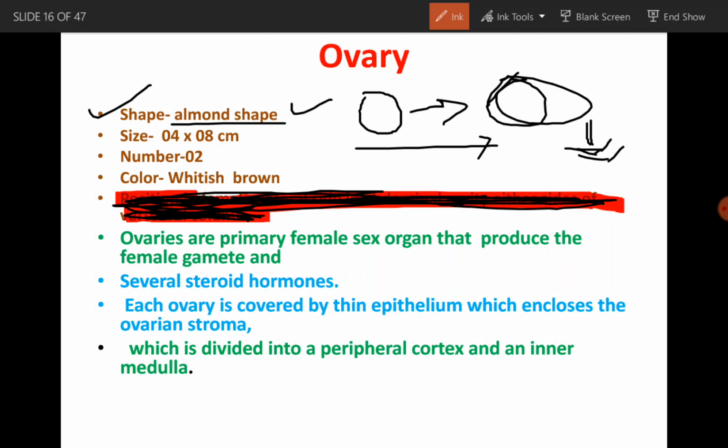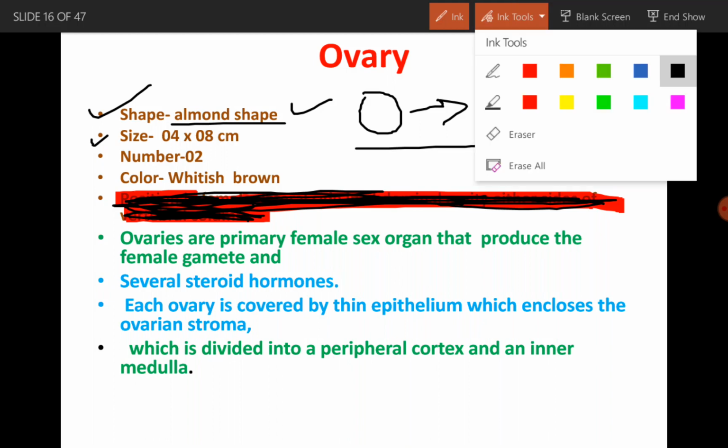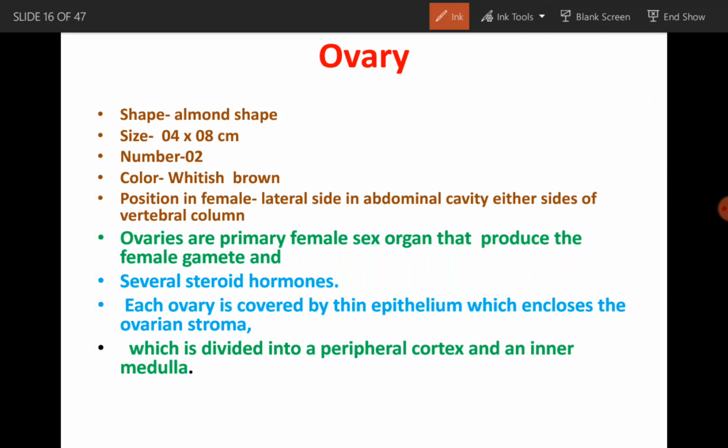Till maturity, till puberty, it becomes almond shaped, and before this it is present as an oval-like structure. The size of the ovary is approximately 4 by 8 centimeters. There are two ovaries in the human female reproductive system, one right and one left, and the color of the ovary is approximately whitish brown.